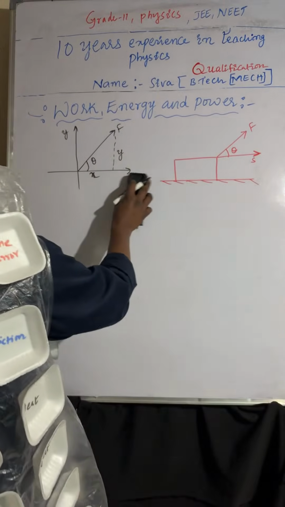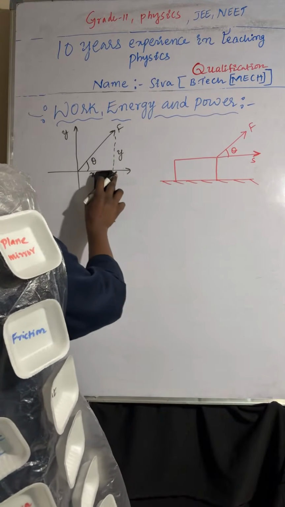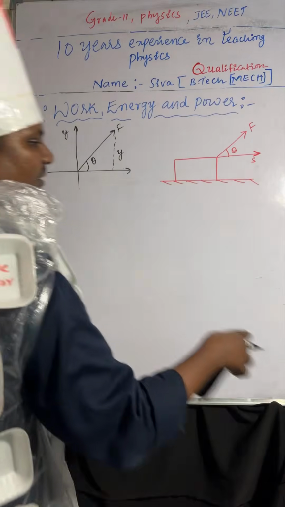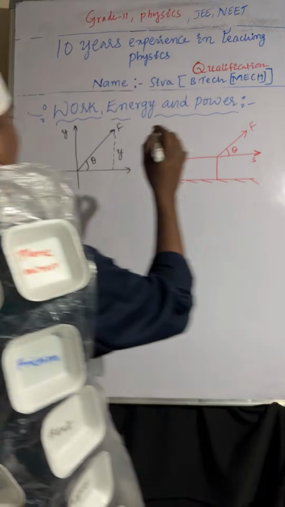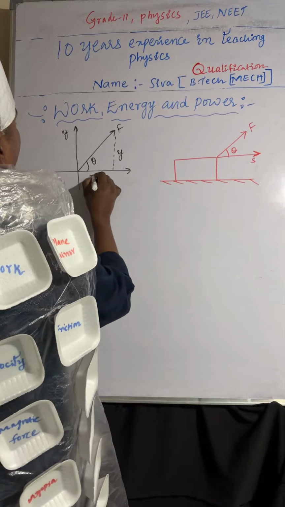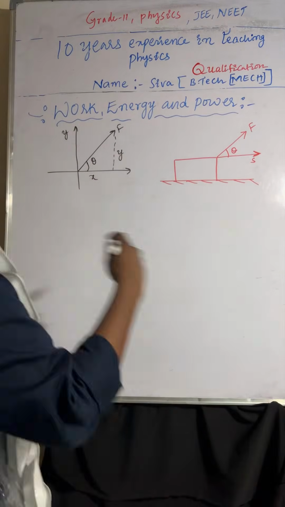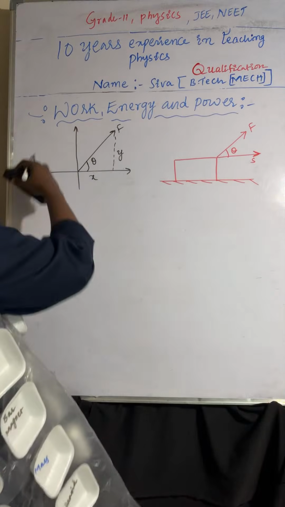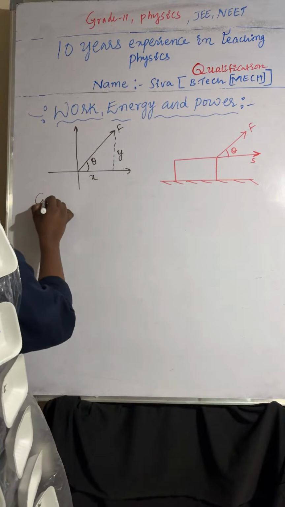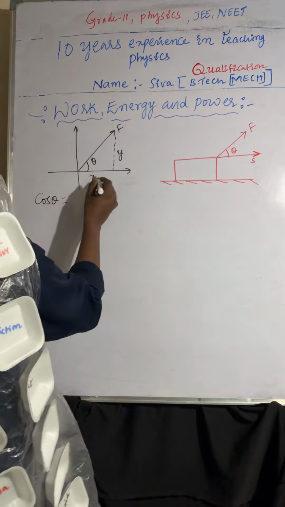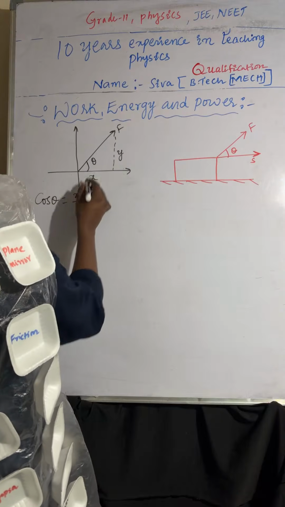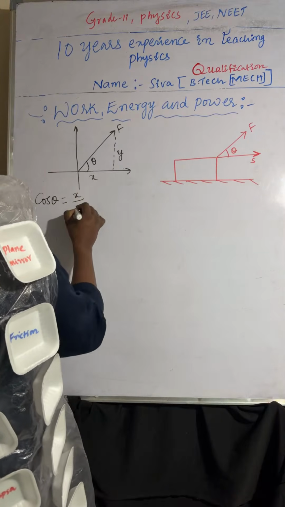Now, what is the cos theta formula? Here you can take this x component along the x-axis, and this is along the y-axis. Cos theta equals adjacent side by hypotenuse.